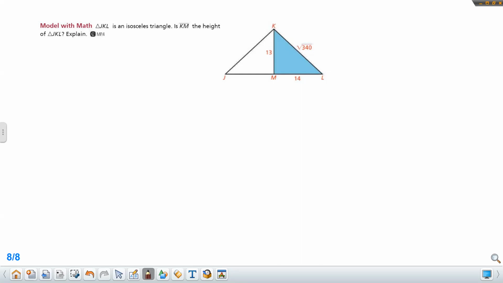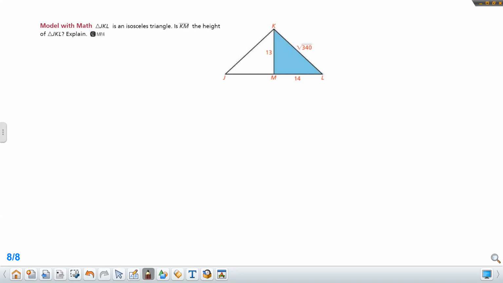Again, the height of a triangle is a line segment which is perpendicular from one of the vertices of the triangle to the opposite side, or to one of the bases.